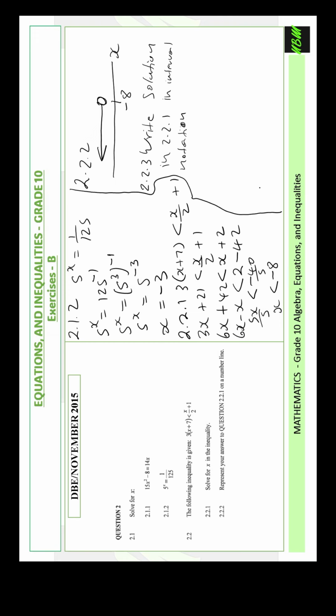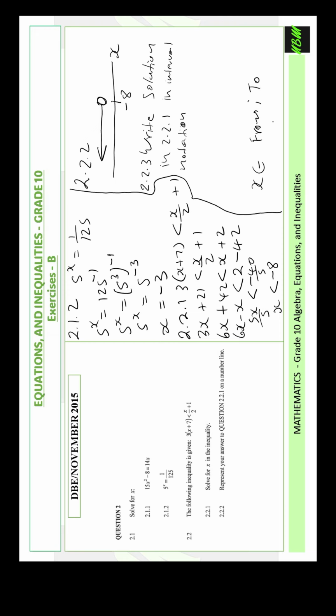The interval notation says x is an element of, or x is the values that are starting from a point and going up to another point, from to.